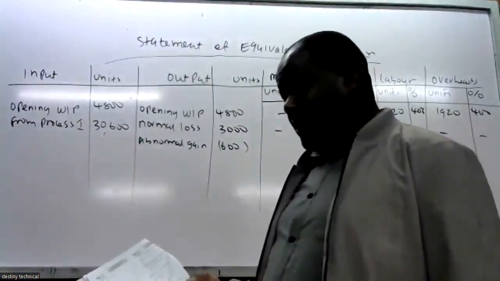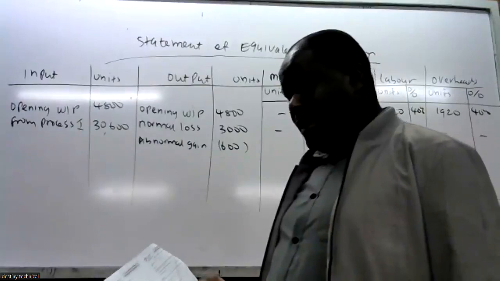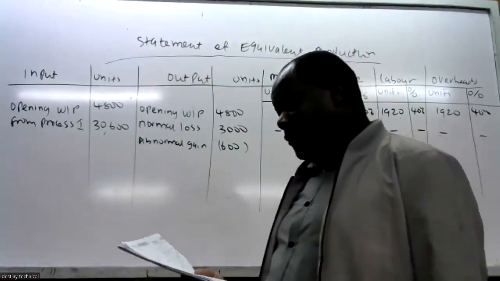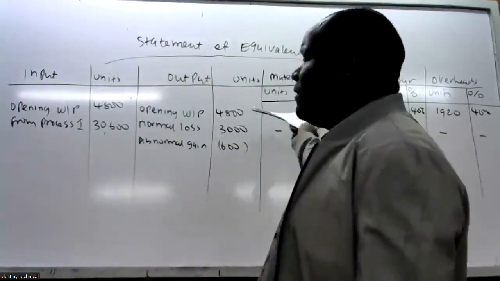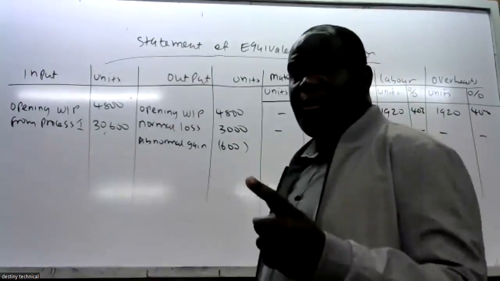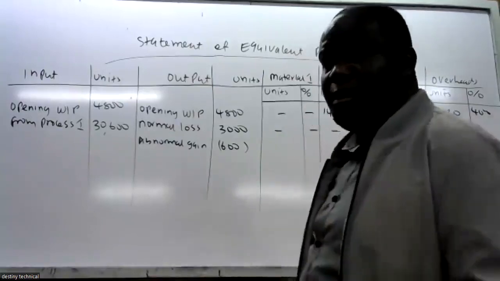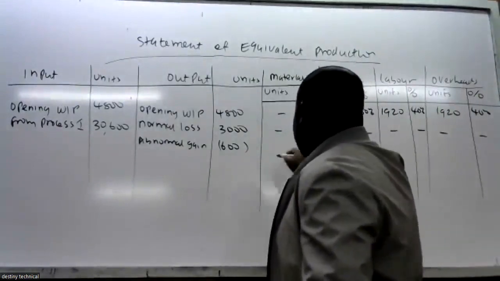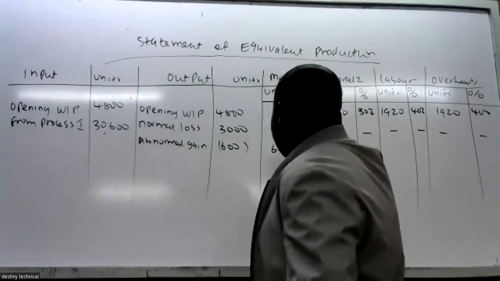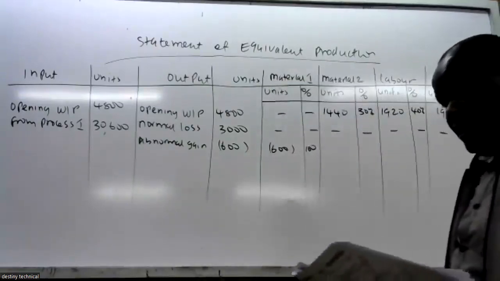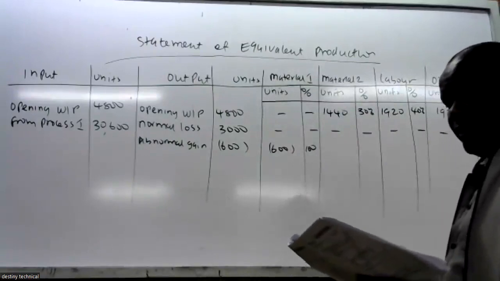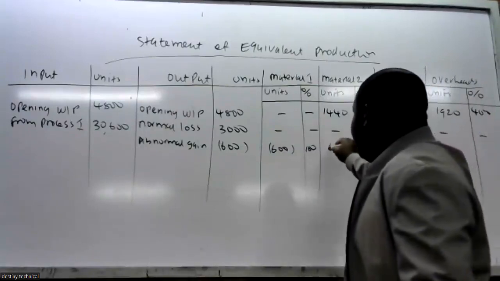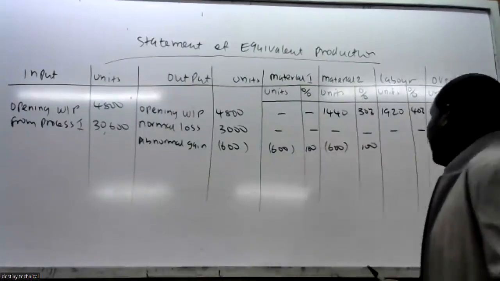So material 1, we say is 100% complete. Then what is given is for material 2. For opening work in progress, you take the remaining percentages, but for any other, you take the percentages the way they are. So 100% of 600 will just be 600. Then the one given in note number 3 for material 2 is also 100%, so that will also give you 600.